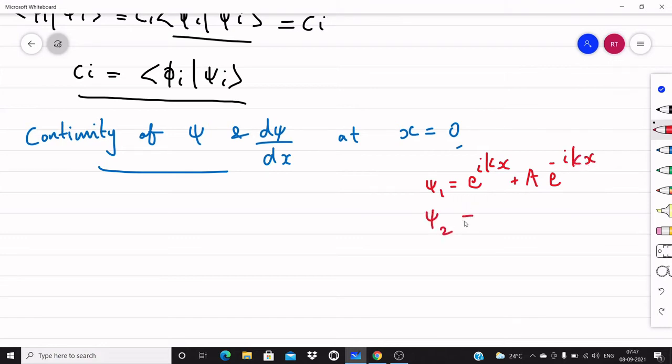Psi 2 is equal to b e raised to alpha x plus c e raised to minus alpha x. These are the two wave functions we require at x equal to 0. So let us apply it.